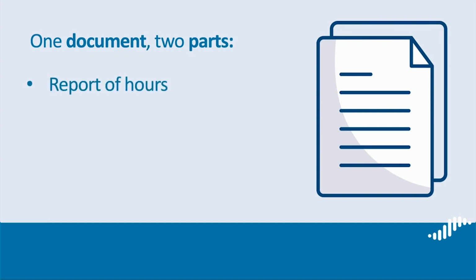For the reporting of the staff costs, you need only one document which consists of two parts: Report of Hours and Employment Confirmation. You are not required to send us any further documentation such as accounting documents.